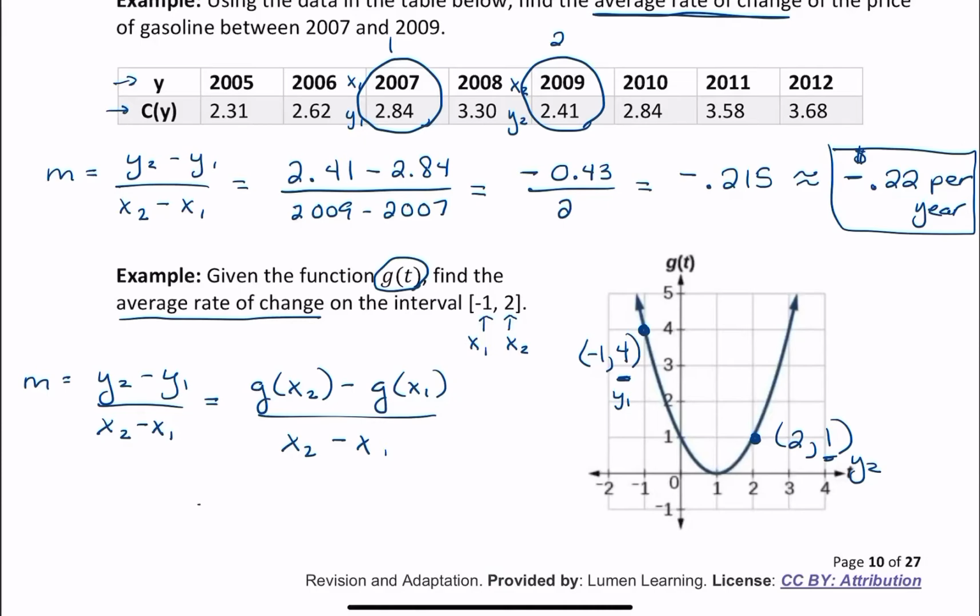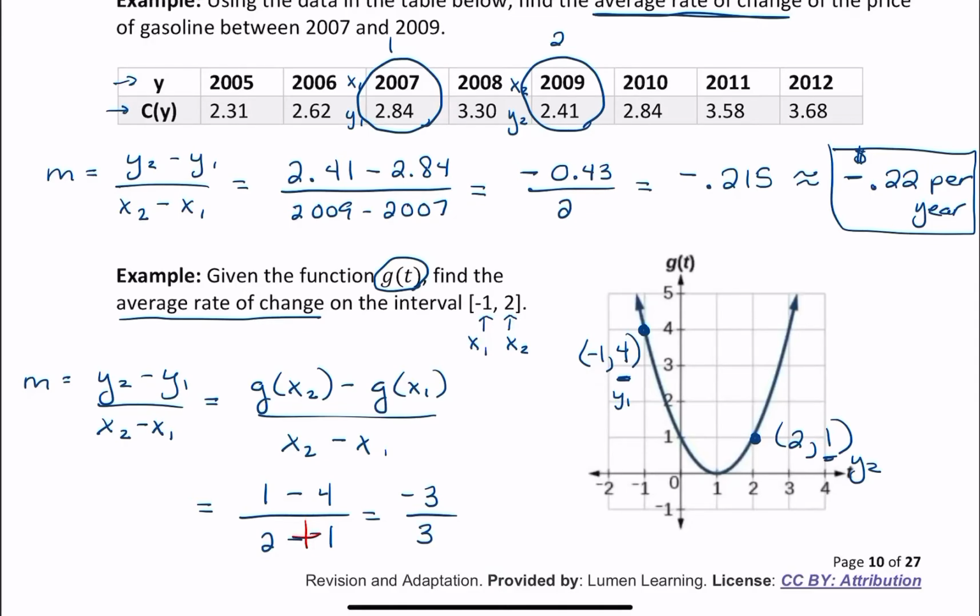So I'm going to have 1 minus 4 over 2 minus a -1, which is going to give me -3. 2 minus a -1 will be 2 plus 1, which will give me 3 on the bottom.